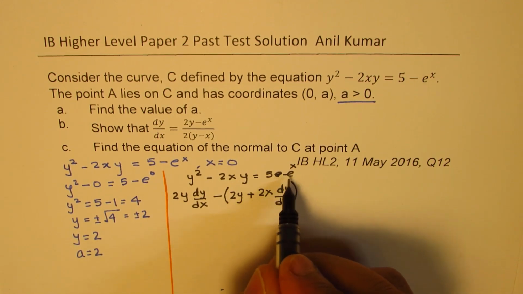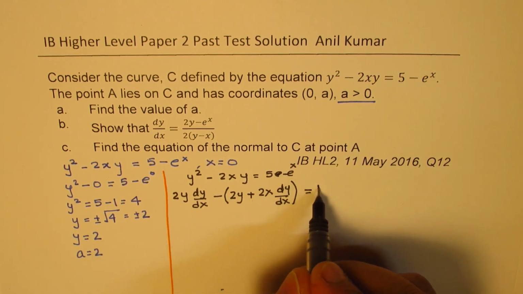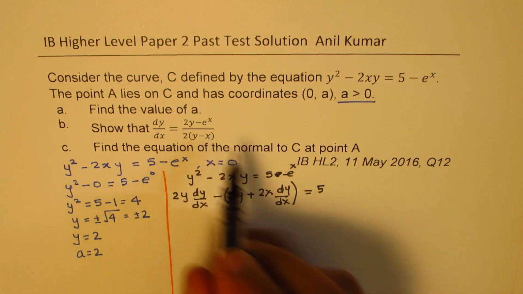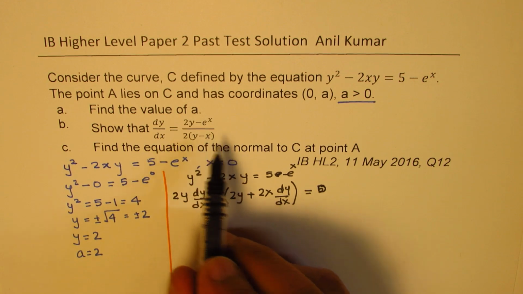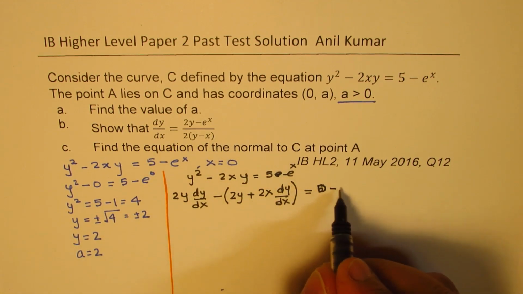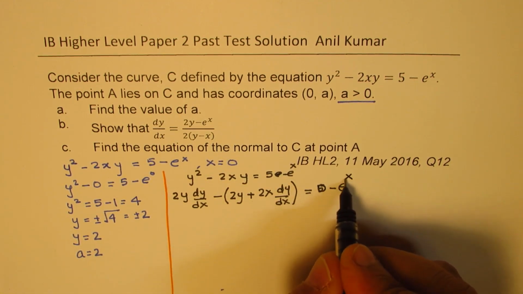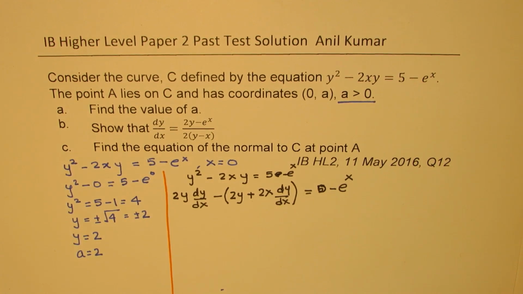Okay, and here we get 5 minus, so derivative of 5 is 0, right? And minus e to the power of x is minus e to the power of x. So that's what we get as our derivative.